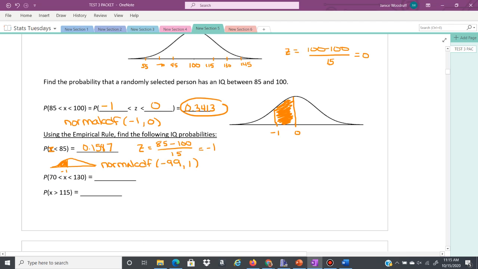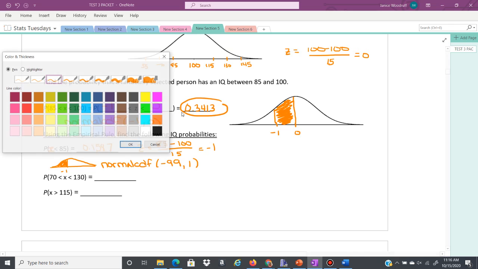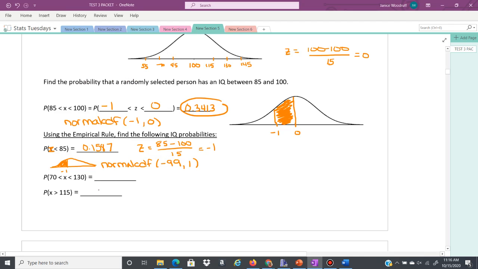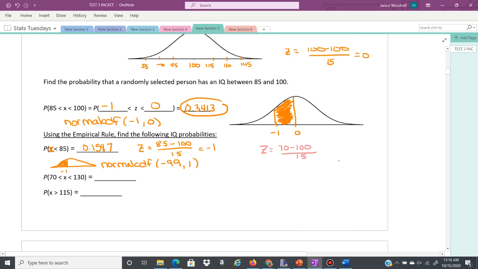Okay, then 70 and 130. Let's find the z-score for 70. 70 minus 100 over 15 is going to give us negative 2.